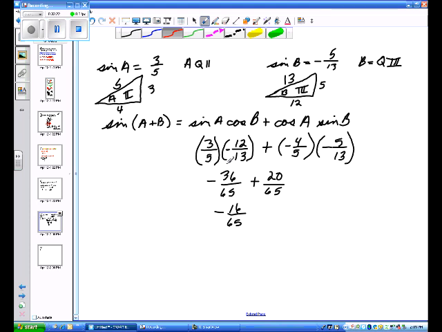But it is important that you keep track of the quadrant that you're in. Okay. And if we had needed to find also the sine of A minus B, the only difference is that there's a minus here.